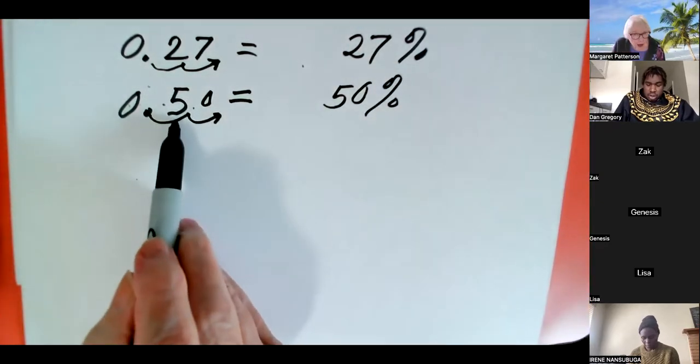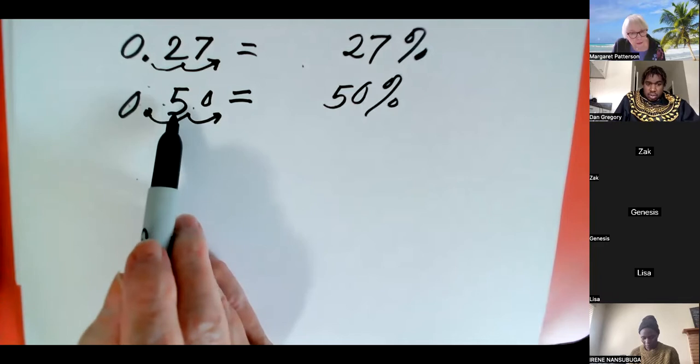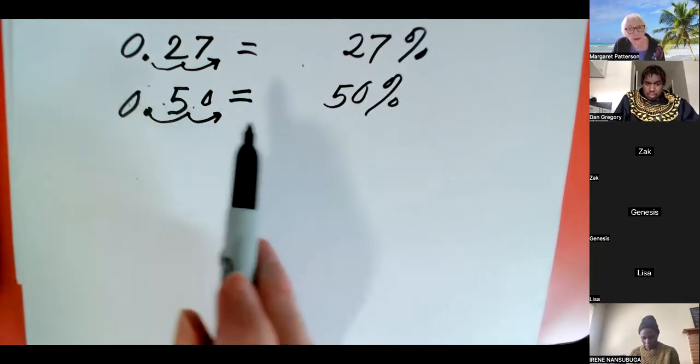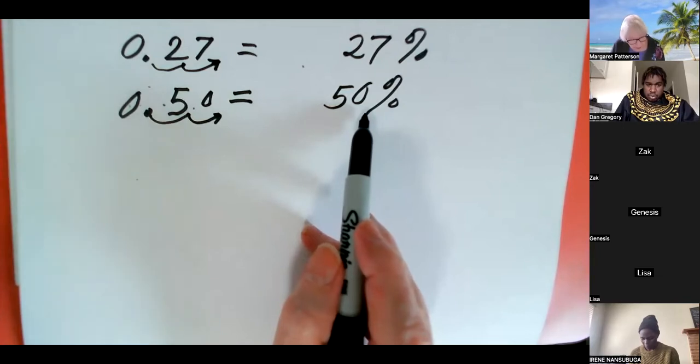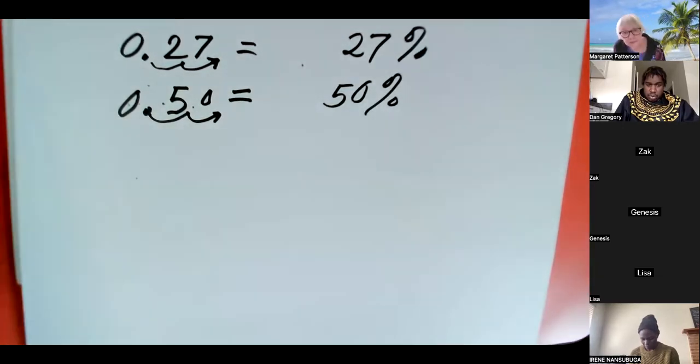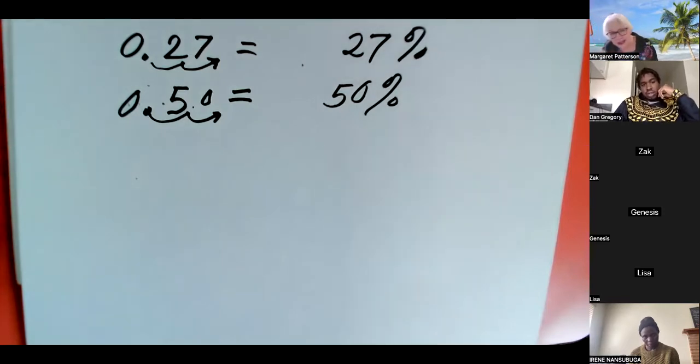This was 0.5, which is 5 tenths, which is 1/2, 50%. It's 50% because it still has to move 2 spaces. That's right.